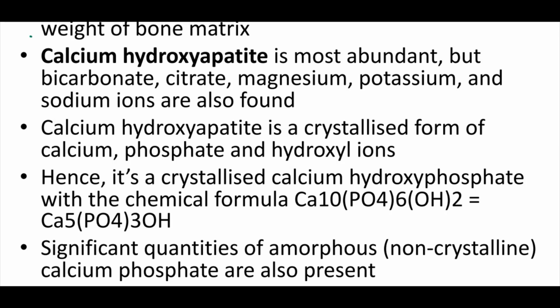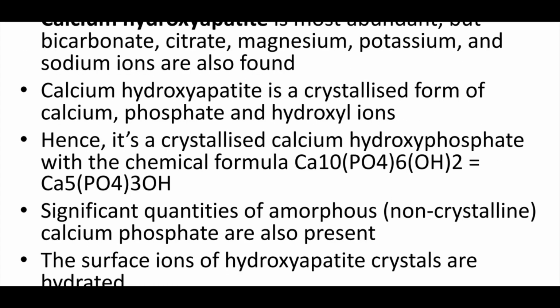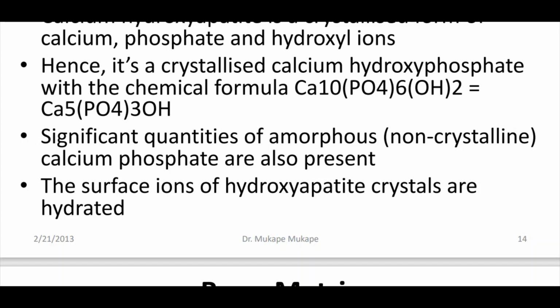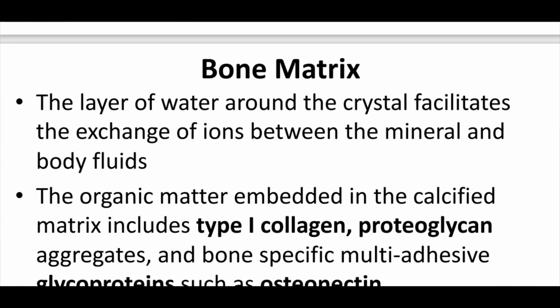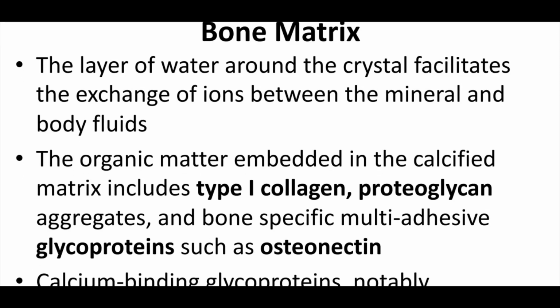Now, calcium hydroxyapatite is a crystallized form of calcium, together with phosphate and hydroxy ions. All right. Now, what you need to know is that the surface ions of hydroxyapatite crystals are hydrated, meaning that in the inorganic component there is also water. The layer of water around the crystals facilitates the exchange of ions between the mineral and the body fluids.